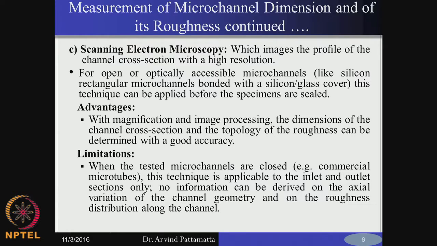Now, if you want to go to a more detailed descriptive method, that means I want to look at the microstructure of the surface, how the surface roughness is there, what is the profile of the surface roughness and how it varies, none of the previous two methods will work, because all it tells you is only the wetted diameter, right.